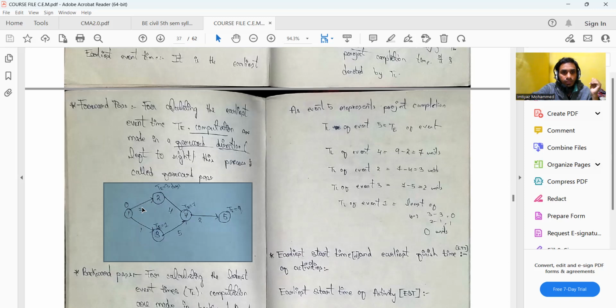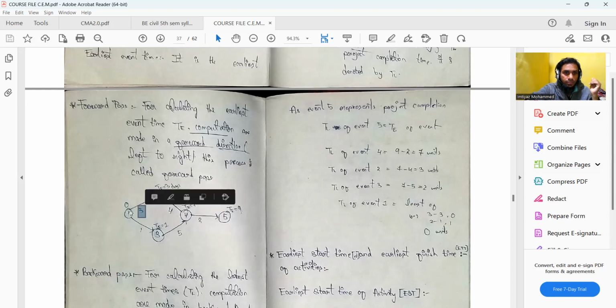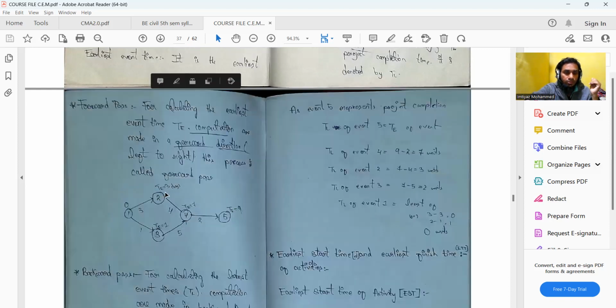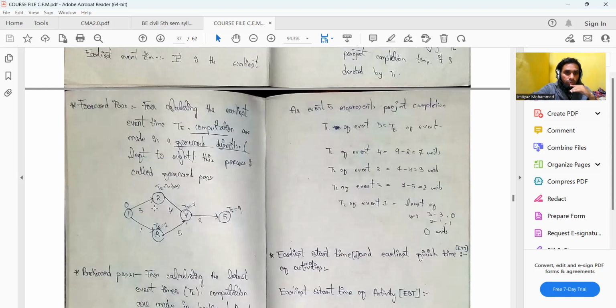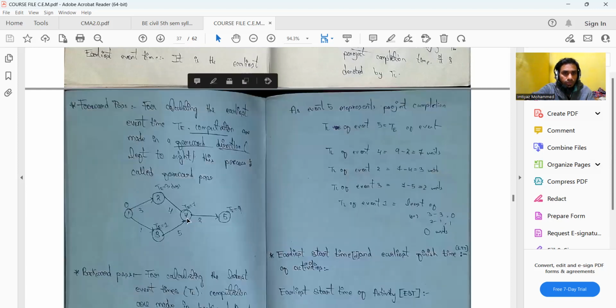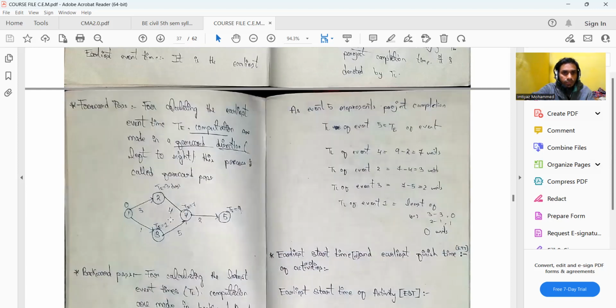Then we add the duration of the activity. 3 is the duration, so 0 plus 3 is 3. So TE for node 2, the earliest event time for node 2, is 3 days, which we get by adding 0 and 3. Similarly, if I want to find the earliest event time TE for node 4, that would be 3 plus 4.